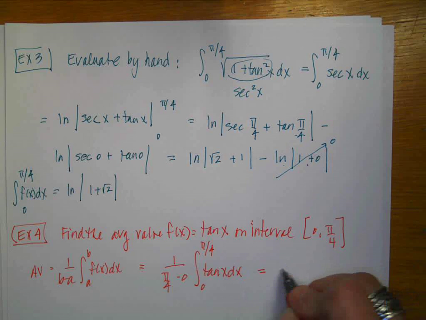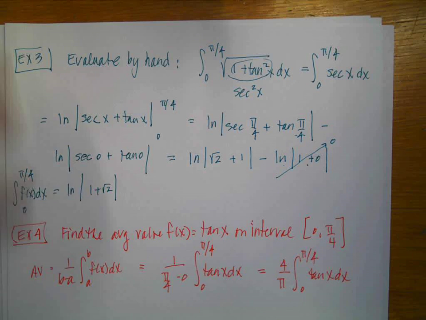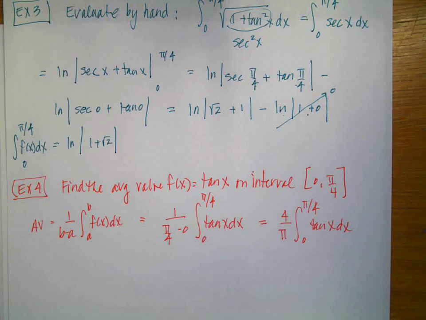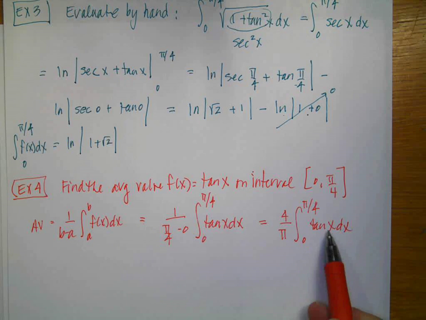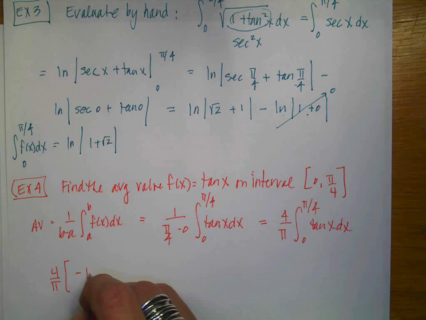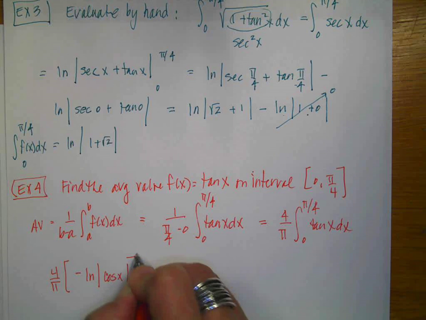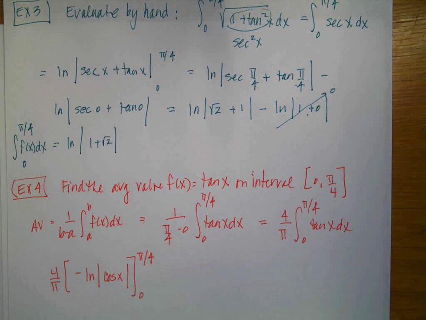Okay? If I clean up my math just a little bit, this is 4 over pi times the integral from 0 to pi over 4 of tangent of x dx, because I just moved that fraction out front. And then when I integrate tangent, I'm going to get 4 over pi times a negative natural log, absolute value, cosine of x, and then I'm going to evaluate from 0 to pi over 4.